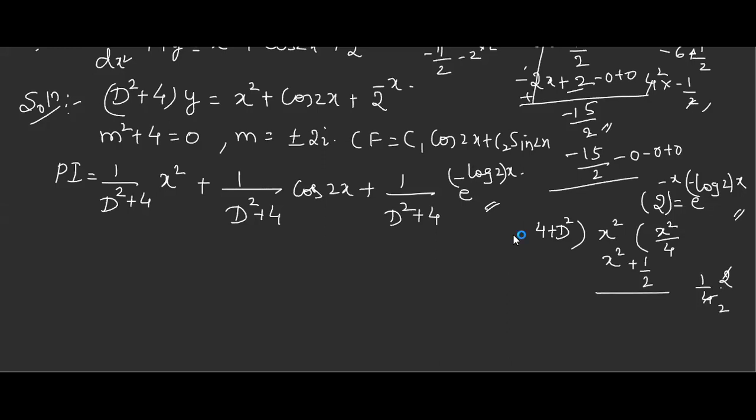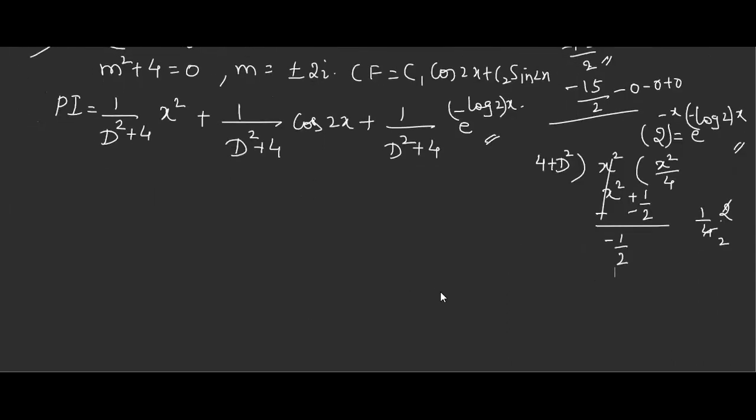Okay. Now change the sign. What is remaining? Minus half. Below minus half, what do I want? Minus half only. So what do I have to take here? I want minus half. I don't want a 4. Is it minus 1 by 8? Yes, ma'am.